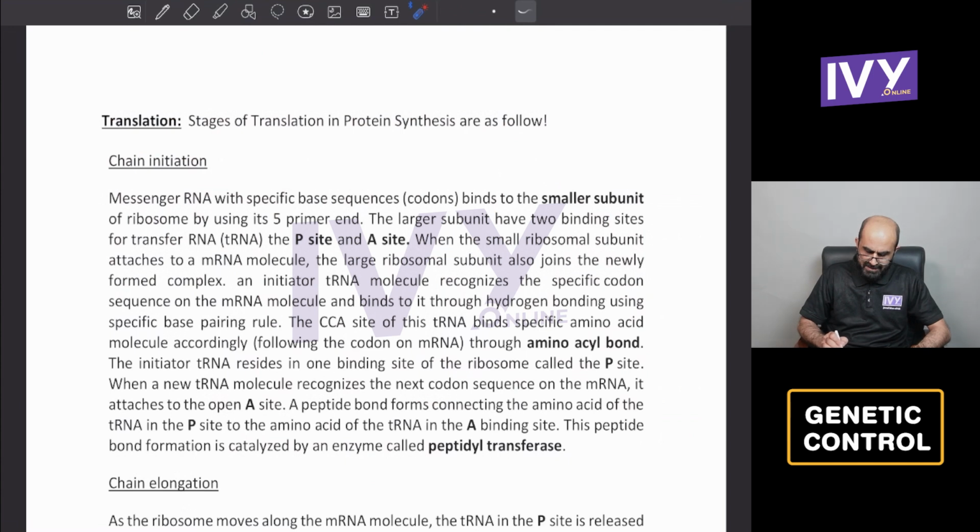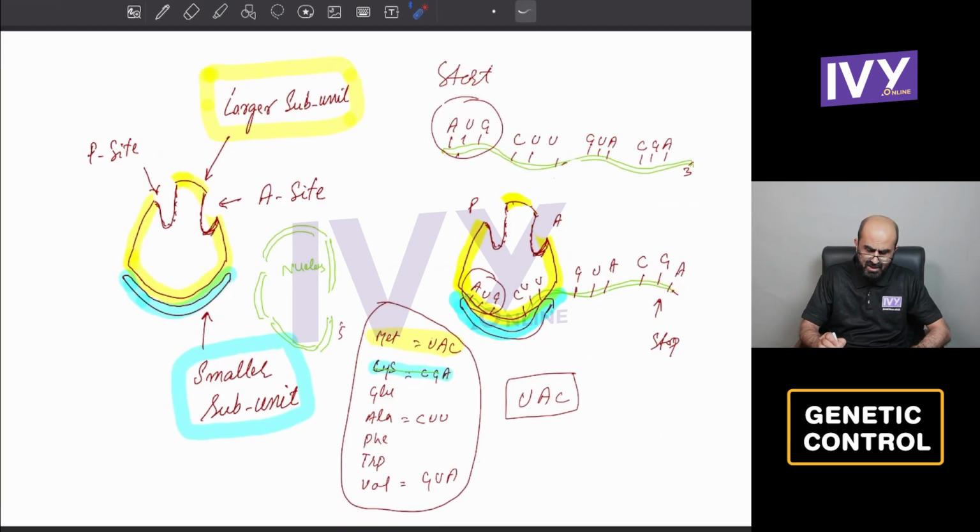Now, an initiator tRNA molecule recognizes the specific codon sequence on the messenger RNA molecule. Initiator means the first codon on the messenger RNA will be identified by the initiator tRNA. Since it is AUG, our first tRNA must have an anticodon of UAC.